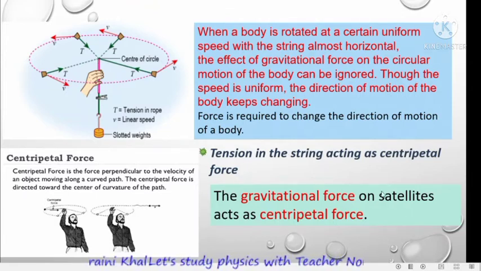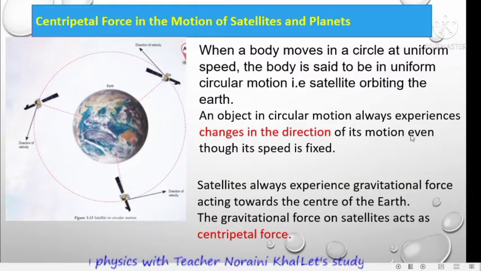The same goes for a satellite orbiting the Earth. The gravitational force that acts on satellites acts as centripetal force. Centripetal force in the motion of satellites and planets: when a body moves in a circle at uniform speed, the body is said to be in uniform circular motion, that is, a satellite orbiting the Earth. An object in circular motion always experiences changes in direction.